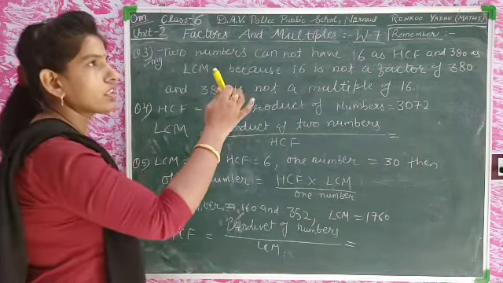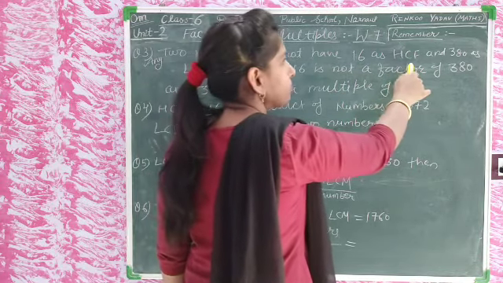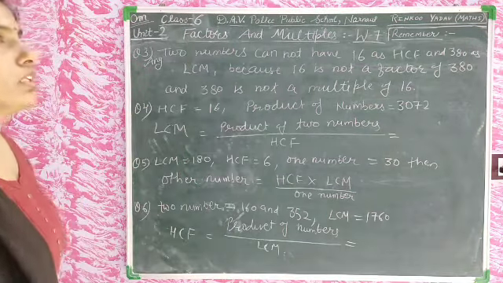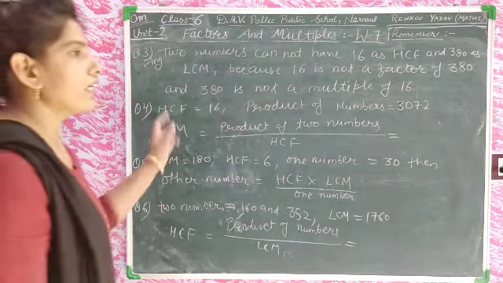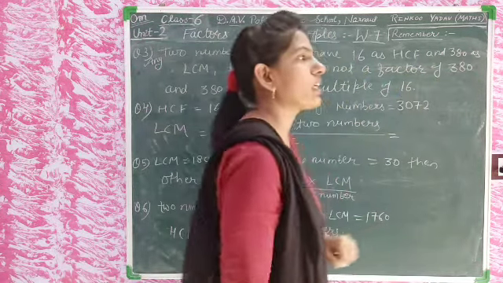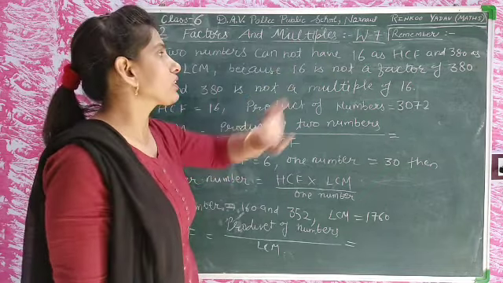Can any two numbers have 16 as HCF and 380 as LCM? Is it possible? No, it cannot be possible.